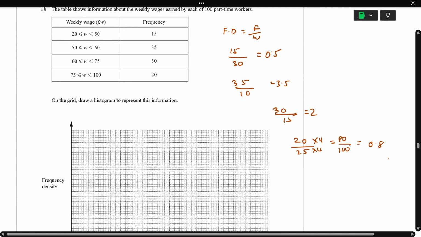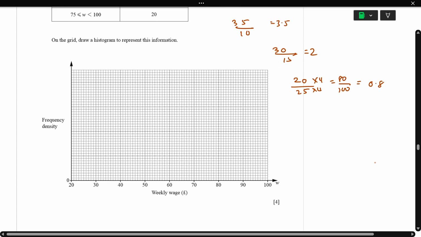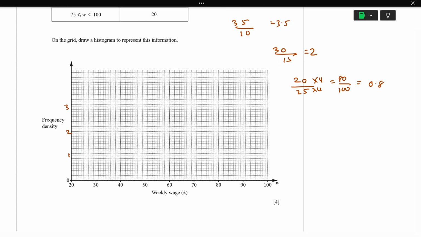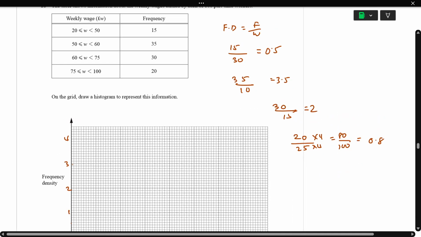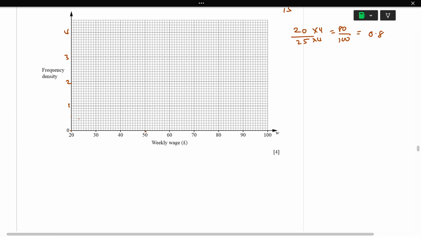So the first one, 20 to 50, is 0.5. So here, this is 1, 2, 3, 4. So 0.5 over here, 20 to 50 is going to be 0.5.